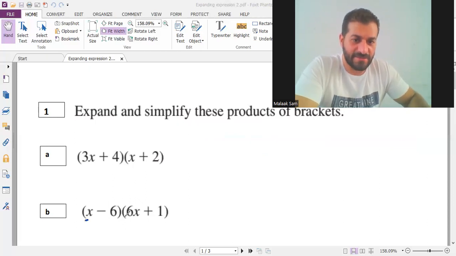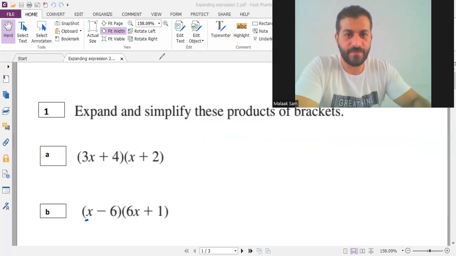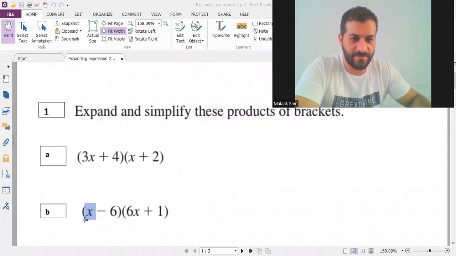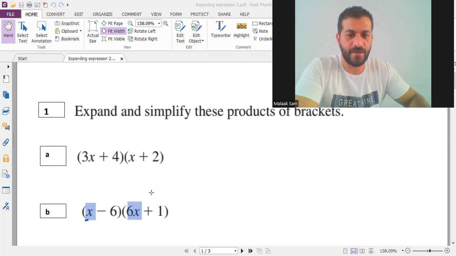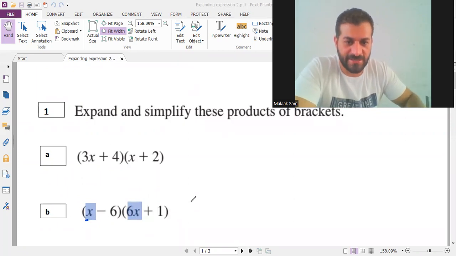I have x minus 6 multiplied by 6x plus 1. So determine the first. The first is x, and the first is 6x. Okay? Multiply the first by the first. X times 6x equals 6x raised to the power of 2.